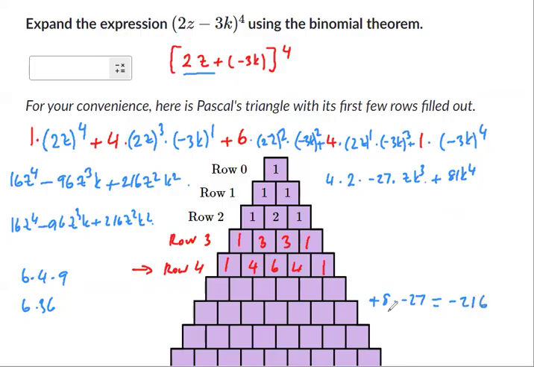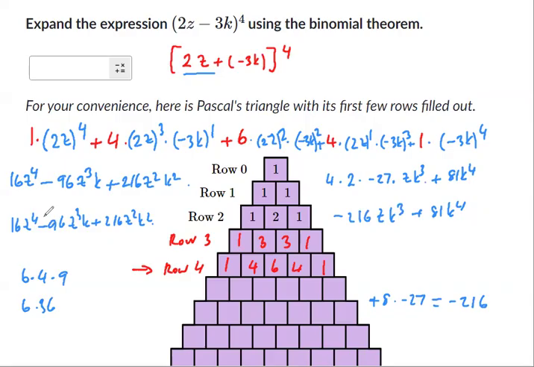Let me double check. 160 plus 56, yep, that looks good. And now we have negative 216 z k cubed, and then 81 at the end with k to the 4th. So I can just leave it as this because I got my coefficients, I got my terms.